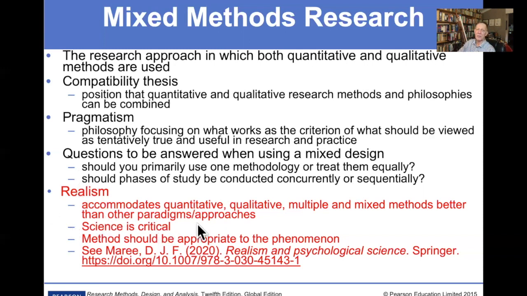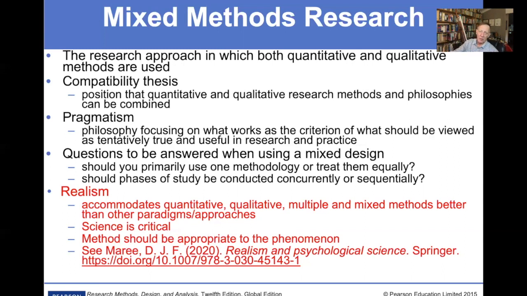Realism is based on the basic tenet that science is critical. It's a critical engagement between reality and the scientist, which means that your method should be appropriate to the phenomenon. And that's obvious. I mean, some stuff can be measured, some stuff can't. So use an appropriate method to investigate, describe, and explain your phenomenon.